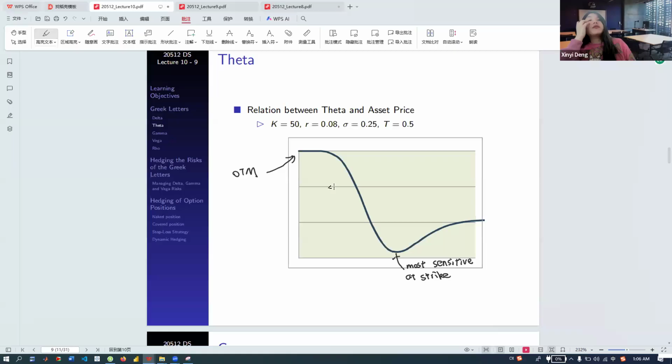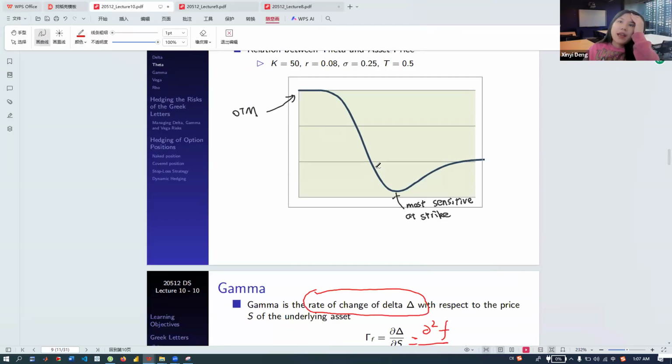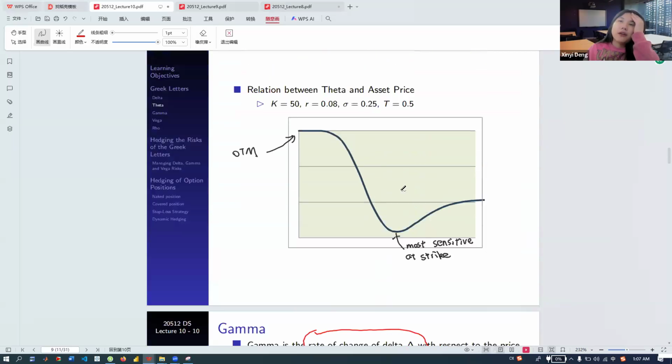Then move on to the next page. This just gives you an overview feeling about how theta is going to change with respect to the underlying price. Sorry about having no y-axis and x-axis here on this figure.